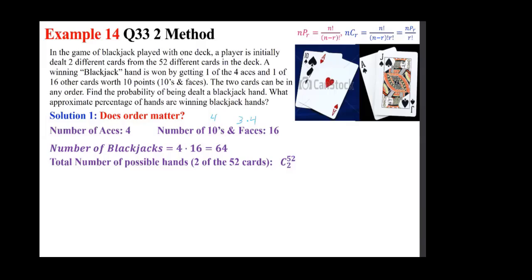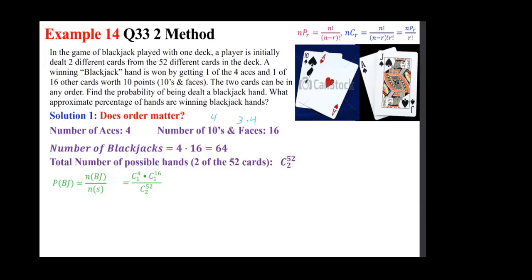Therefore, the probability of blackjack is N of blackjack over N of S. You can say simply 64 is the numerator, or 4 times 16 is the numerator, or C(4,1) times C(16,1), however you want to put that, and the denominator is C(52,2).